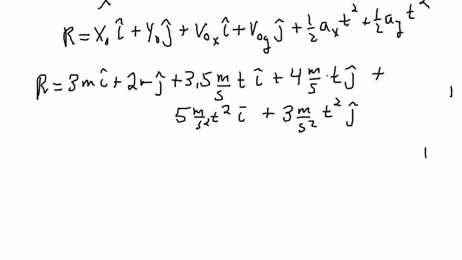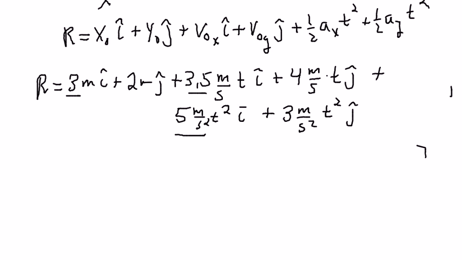Remember that in general, things are relatively straightforward. 3 is its initial position in the x direction. 3.5 is its initial velocity in the x direction. But the one that we've got to be careful about is this term right here, 5 meters per second squared t squared.